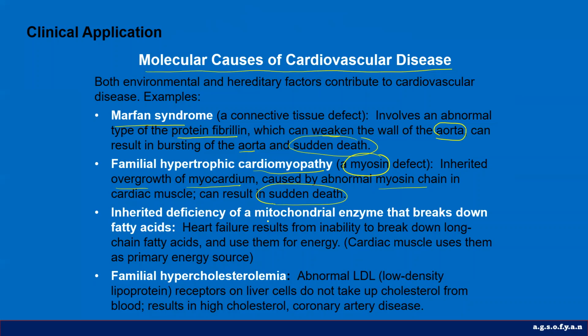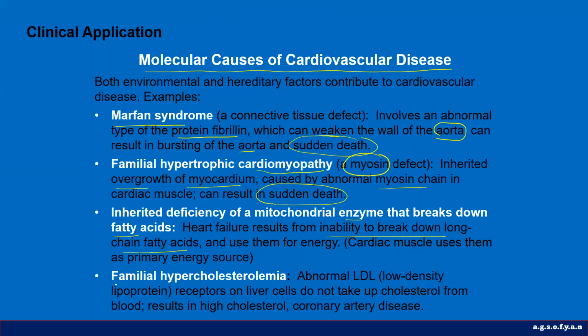Next, inherited deficiency of a mitochondrial enzyme that breaks down fatty acids. So heart failure results from the inability to break down long chain fatty acids and use them for energy. The cardiac muscle uses them as a primary source of energy.